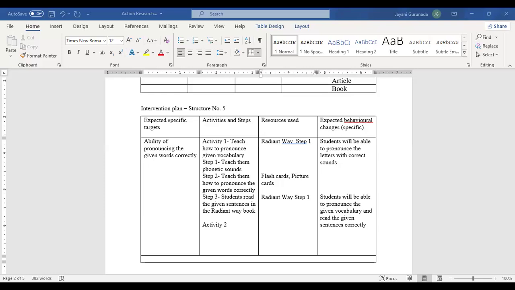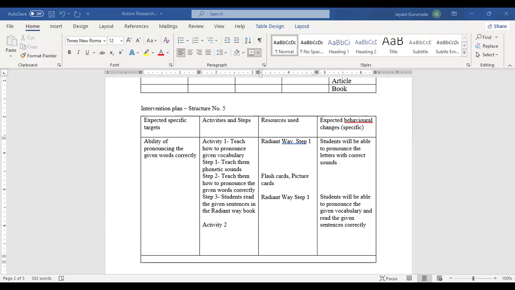The third one is ability of reading small paragraphs. The activity is to teach them to read a paragraph. Step 1, teach the students to read small paragraphs. First, the teacher reads while students listen. Second, read the paragraph with the students, pointing to the sentences. Third, students practice reading.